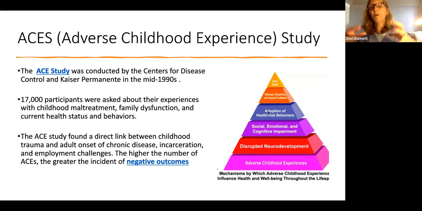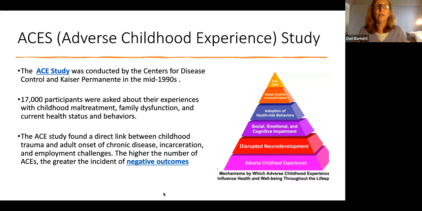And then on up the pyramid, health risk behaviors, maybe smoking, substance abuse, and those who experienced more than 10 or 15 of these adverse childhood experiences actually developed a higher than normal ratio of cancer, other diseases, and even early death.